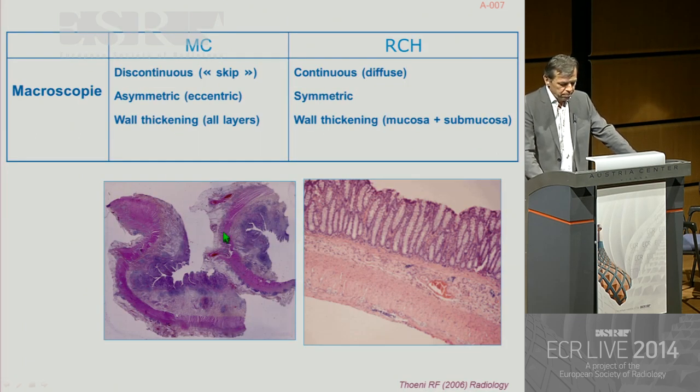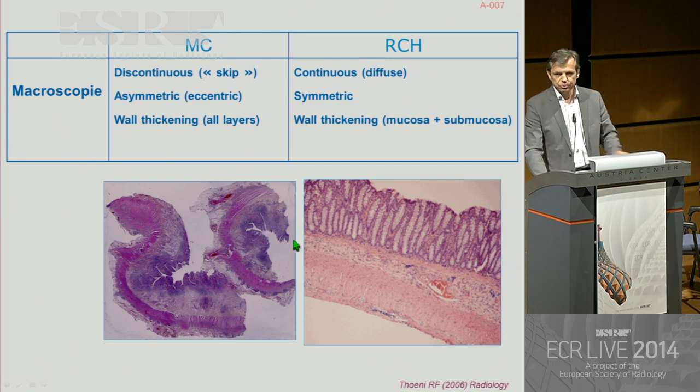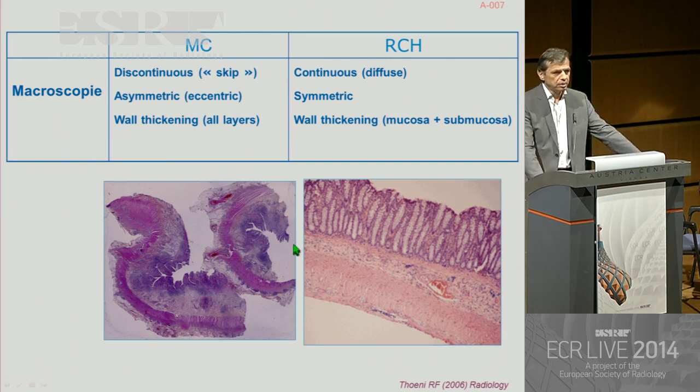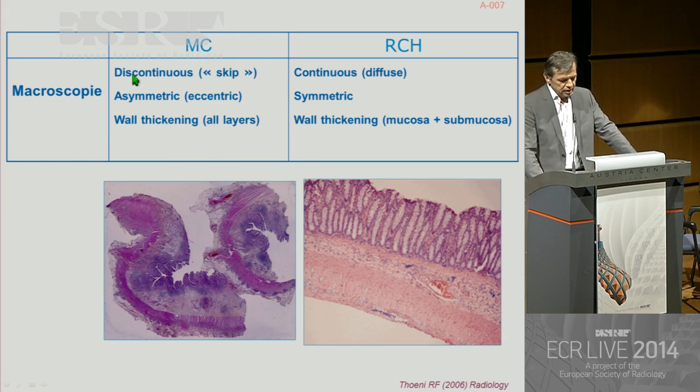If we look now to the pathology, which we can try to see on imaging, especially on MRI and on ultrasound, we can see that Crohn's disease is a discontinuous abnormality with asymmetric, eccentric involvement, and all layers are involved in the thickening of the wall.